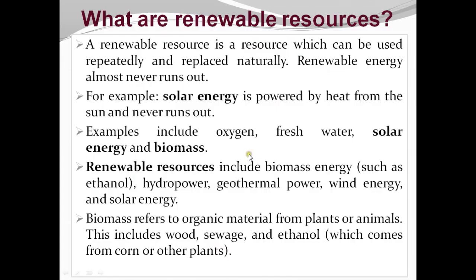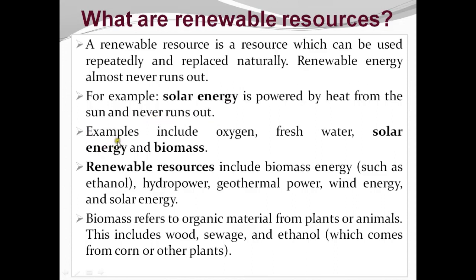Now here, if you talk about renewable resources, these are the resources which can be used repeatedly and replaced naturally, and renewable energy almost never runs out. For example, solar energy is powered by heat from the sun and never runs out.